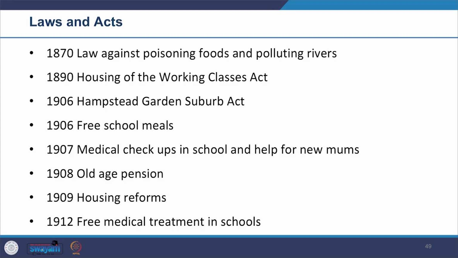Simultaneously, we see what was happening parallelly at that time. In 1906, free school meals were served. Then in 1907, medical checkups in school were also undertaken, and help for new moms was also extended.